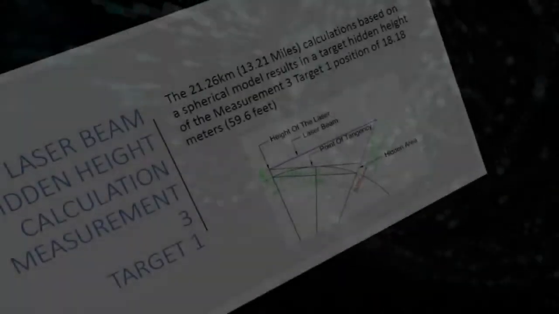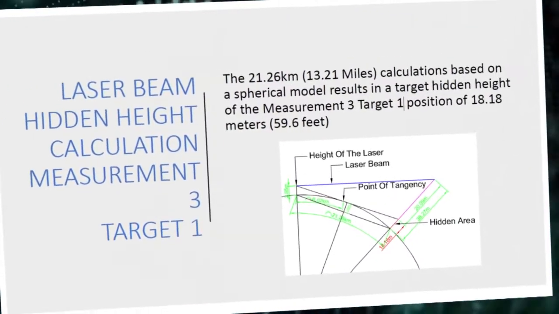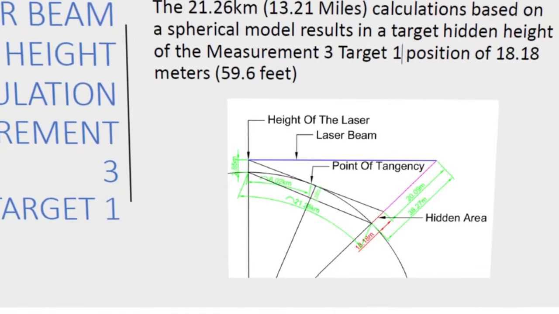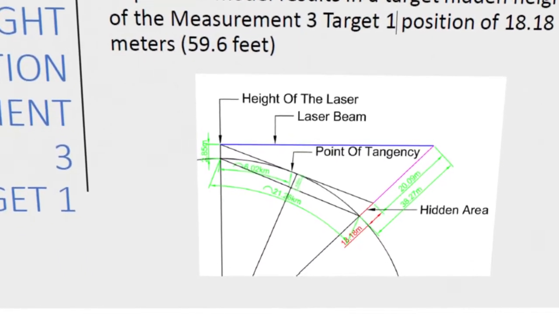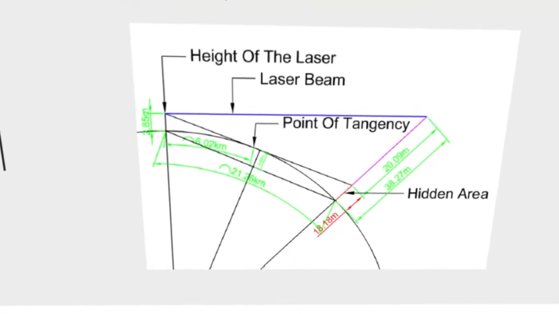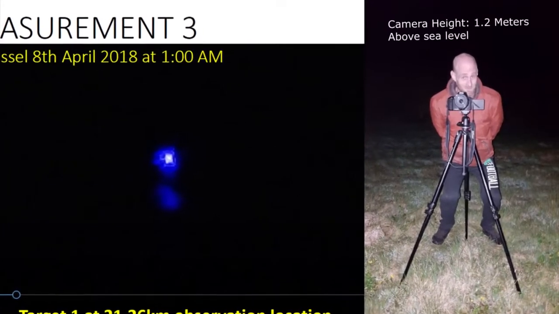The 21.26 kilometer calculations based upon the WGS-84 geoid model resulted in a target hidden height for measurement 3, Lake IJssel, Target 1 location of 18.18 meters or 59.6 feet. The camera height was 1.2 meters.